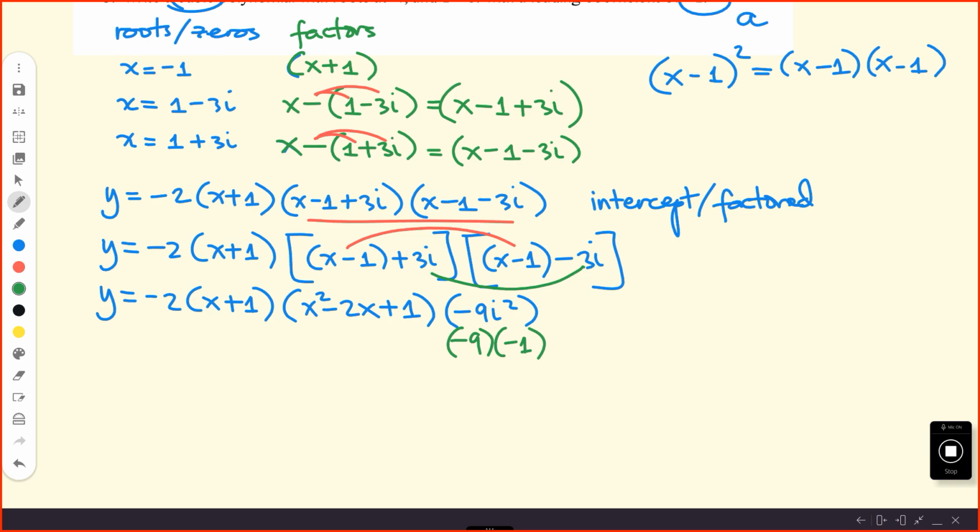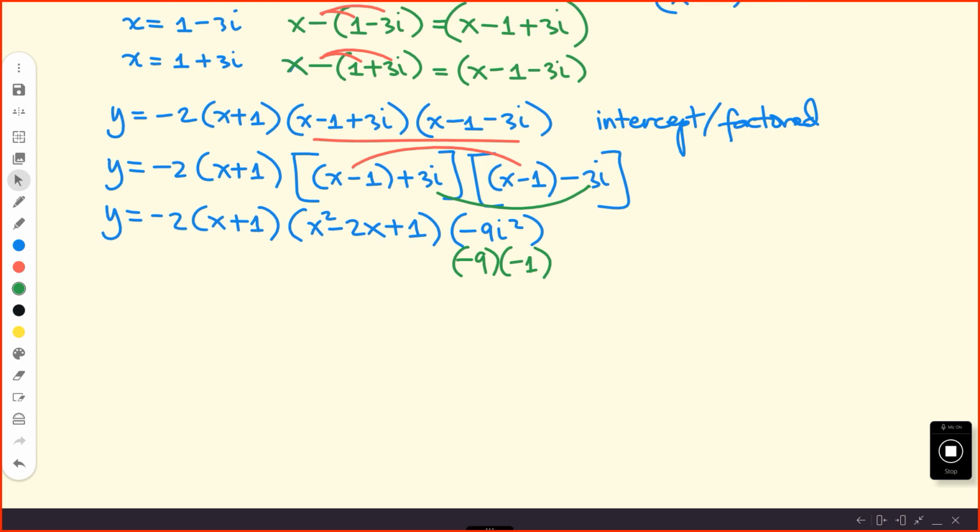So this is going to be +9. Okay, +9. All right, so this will be y equals -2 times x plus 1, and this is going to be x squared minus 2x plus, because we know that this is going to be +9, I'm just adding the 9 to the 1. So this is going to be +10.